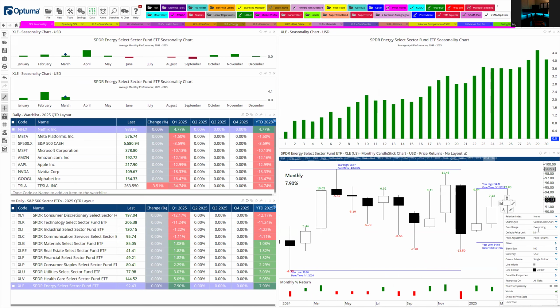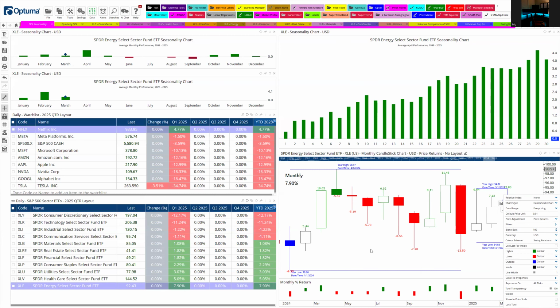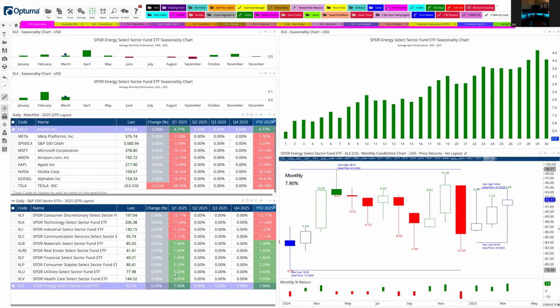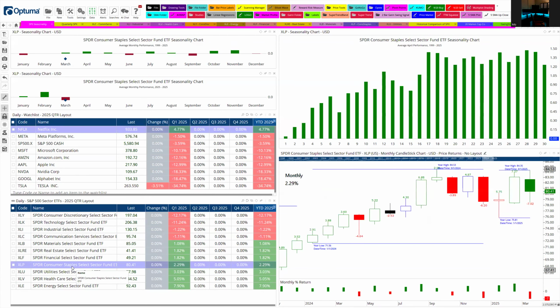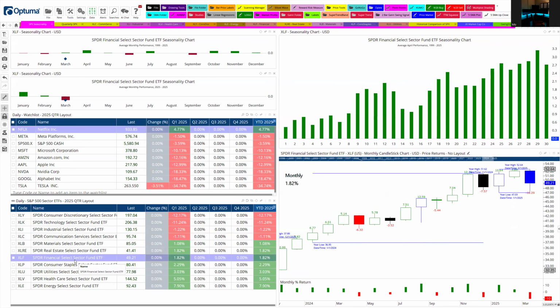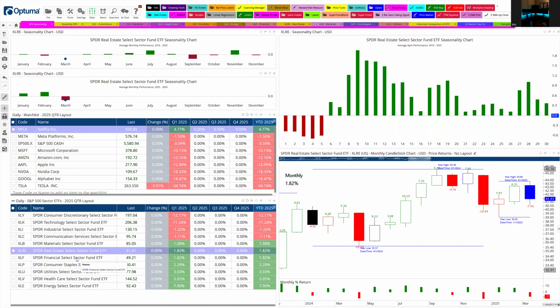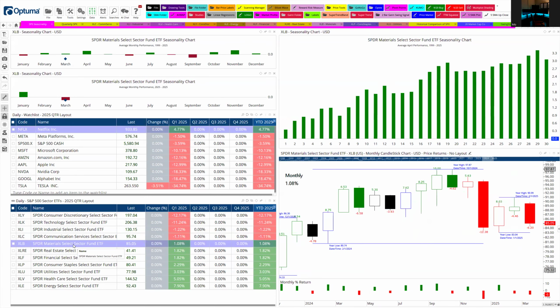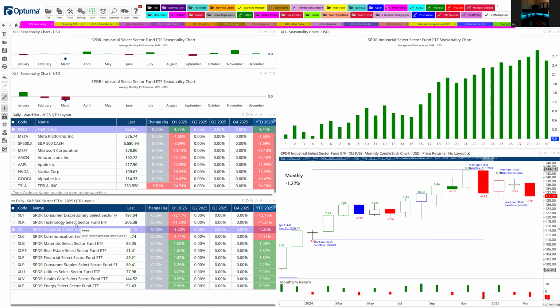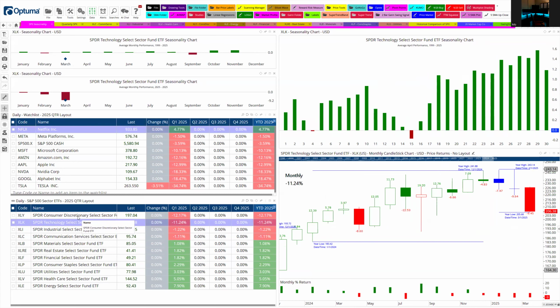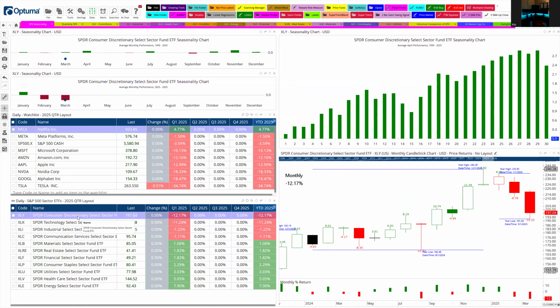Let me change this to color this. See the blue one? Healthcare blue, utilities red, consumer green, financials blue, real estate blue, material, communication, industrial, technology, consumer discretionary.